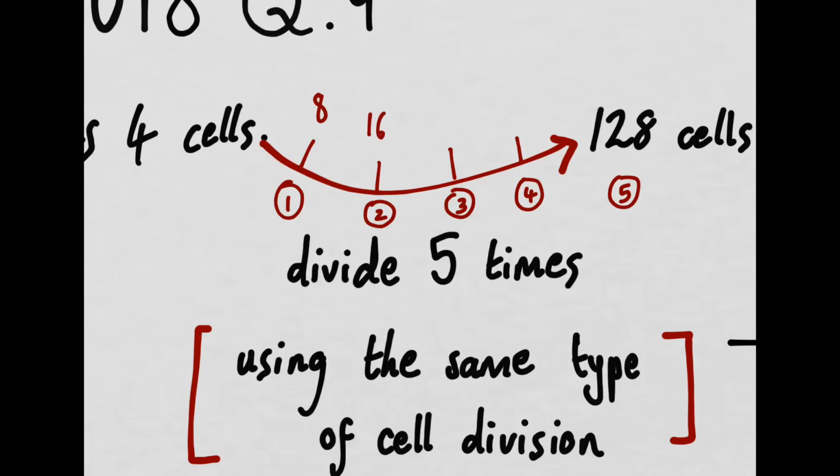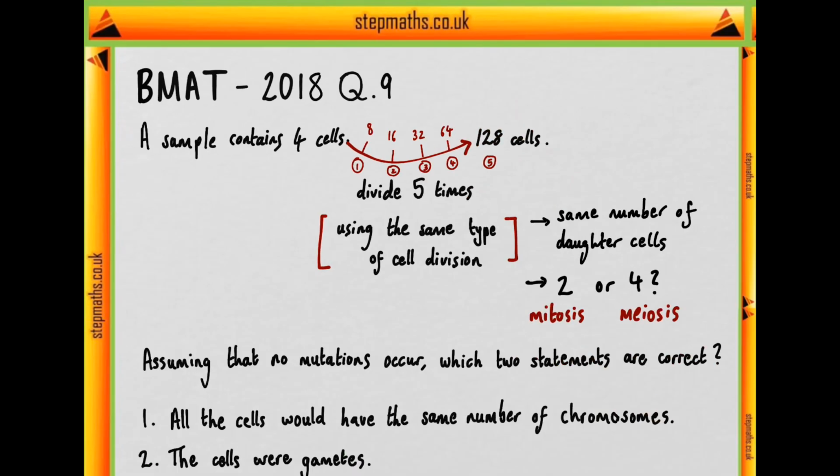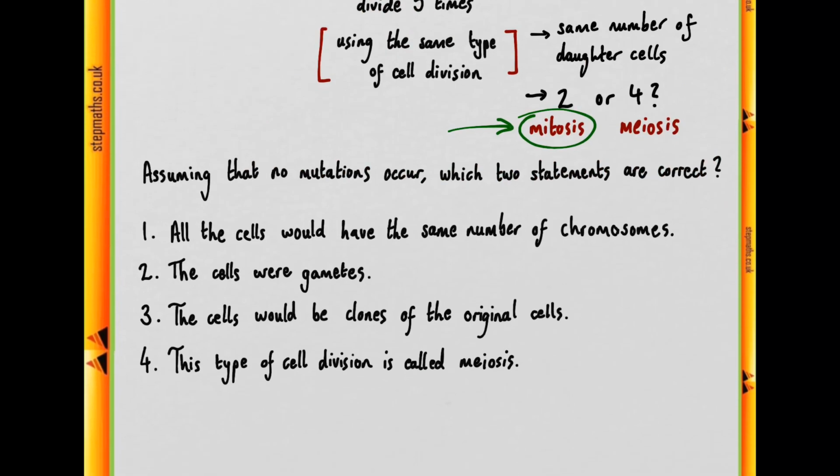That goes to 16, to 32, to 64, to 128. So that works out. Whereas in the case of 4 daughter cells, that wouldn't result in 128 cells after 5 divisions. So we have our answer that it must be mitosis because there are 2 daughter cells with each division, and therefore we can tackle these statements, which are essentially determining between mitosis and meiosis.